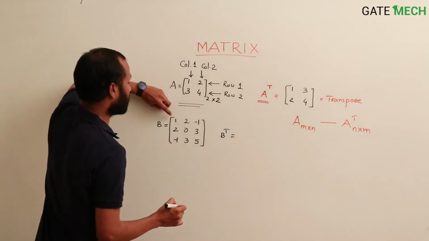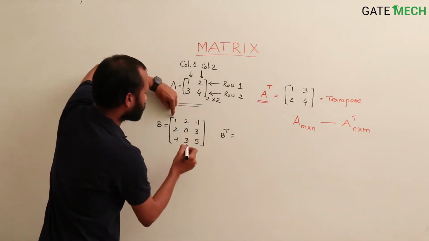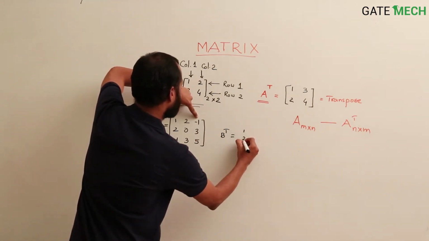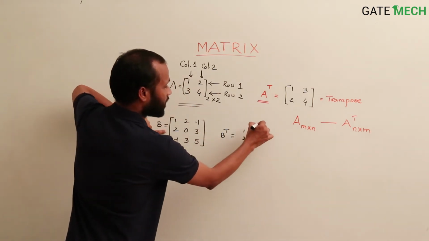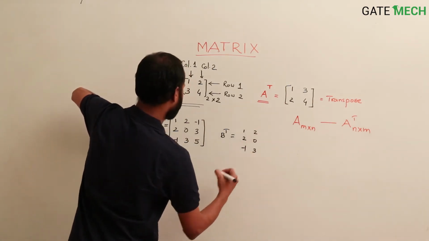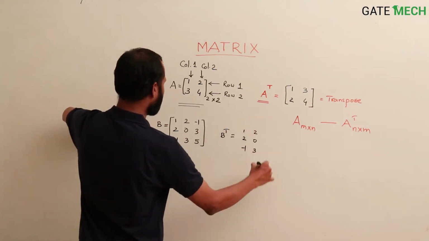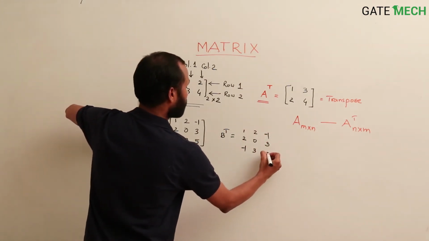B transpose is equal to, the first row shall be written as first column. So 1, 2, minus 1 as first column. Second row 2, 0, 3 as second column. Third row minus 1, 3, 5 as third column.